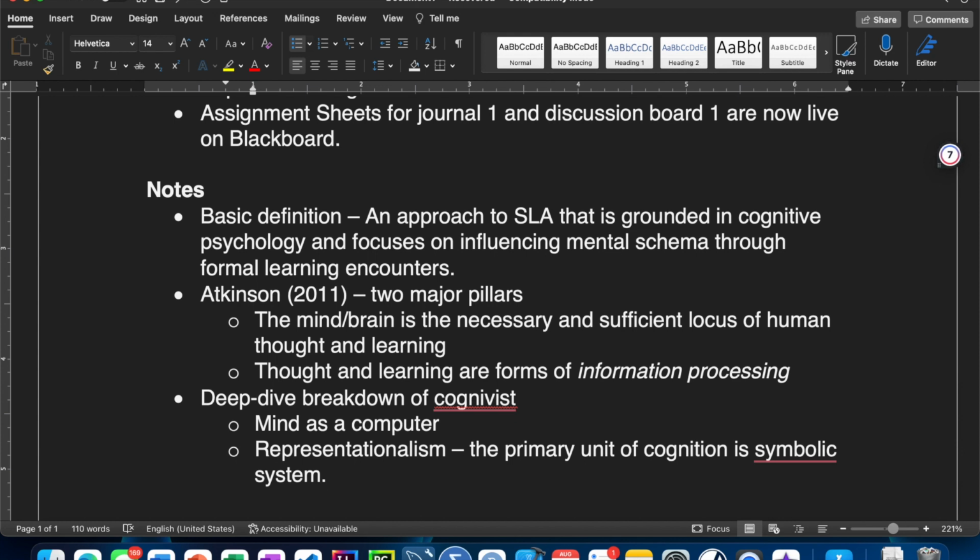So knowledge is stored internally as representations of something else. We're not storing directly a dog or a specific dog. Instead, we're storing a symbolic representation of that thing that then gets applied in new circumstances, right?